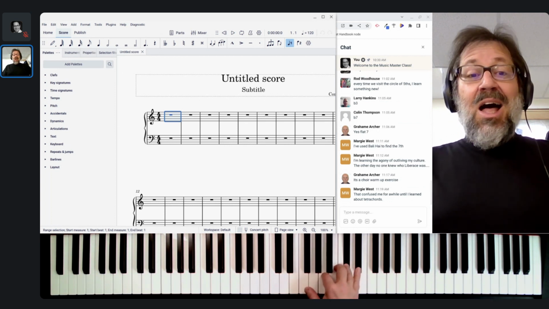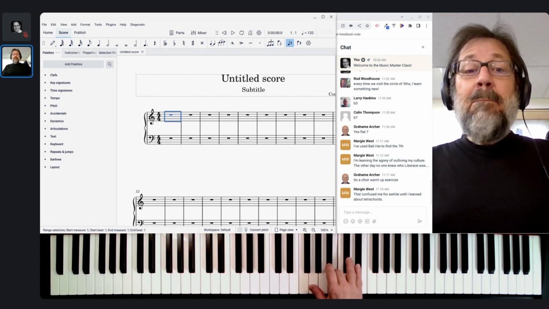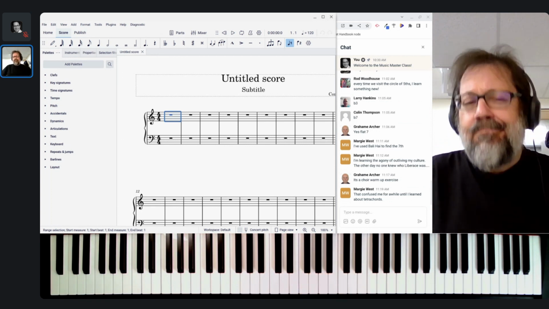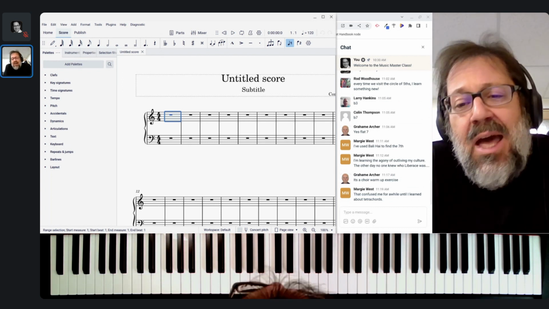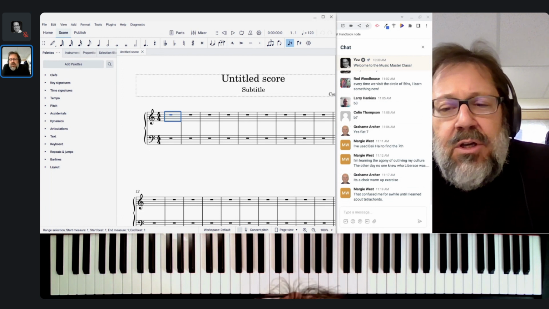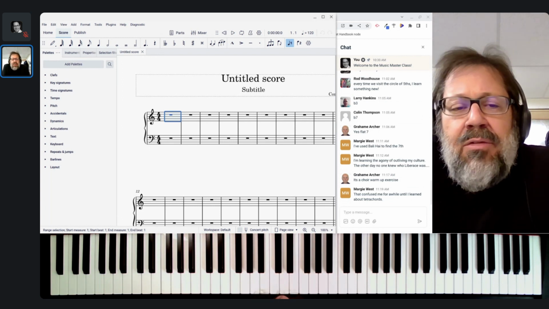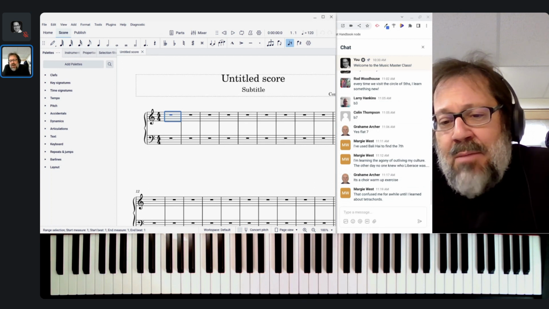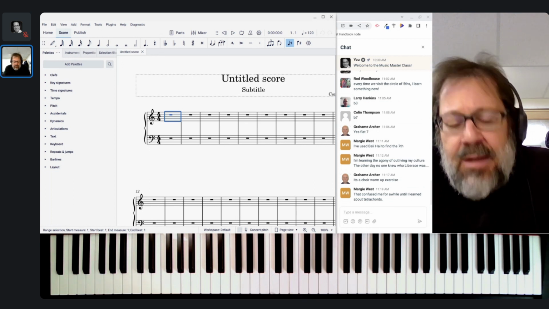Now, with the piano, I did fine with the piano. Hopefully you did okay too. Now I'm going to try it without the piano, and then you can try it without me. I'm not going to claim I'm going to nail this, so I might not be any help at all, but we'll find out.